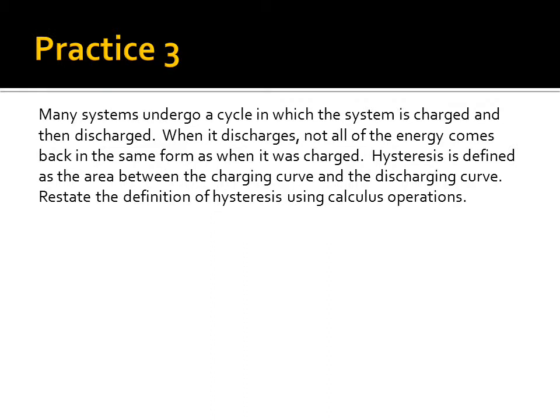Okay, so this problem is a bit more complicated, and if you don't get this one, don't be too surprised, or don't feel too bad. Many systems undergo a cycle in which a system is charged and then discharged. When it discharges, not all the energy comes back in the same form as when it was charged.